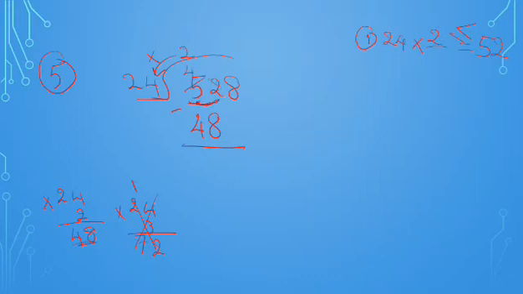The 5 becomes 4, and 2 becomes 12. 12 minus 8 is 4. Now get down the 8. 48 divided by 24. So again here 24 times what is equal to or less than 48? Of course we just got it here, which is 2. So 2 times 24 is exactly 48, and the remainder is 0.